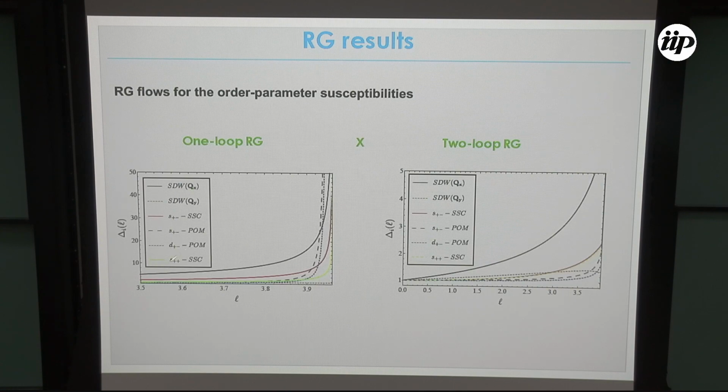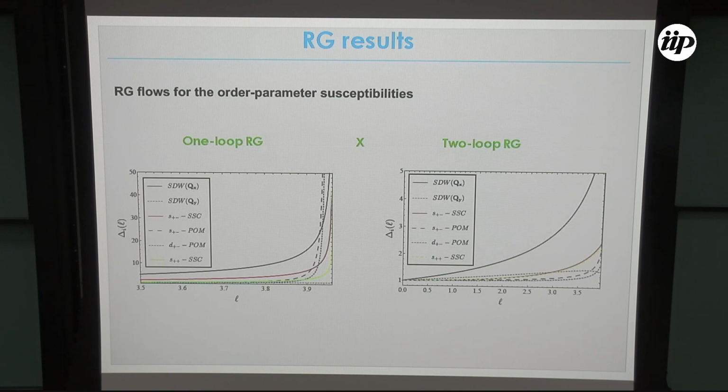In the one-loop RG, you see that the D-wave and S-wave Pomeranchuk instability wins. The black line here is the ferromagnetic susceptibility. But of course, we have to go up to two loops to see this orbital selective renormalization of the Z factor. And this has an effect on the RG flow equation for the susceptibilities.